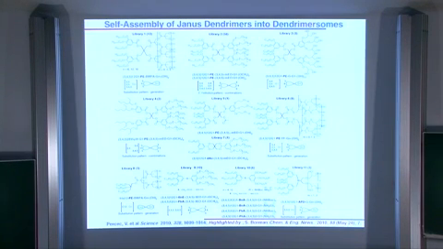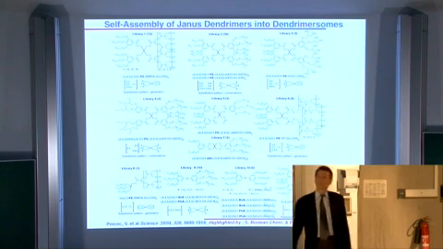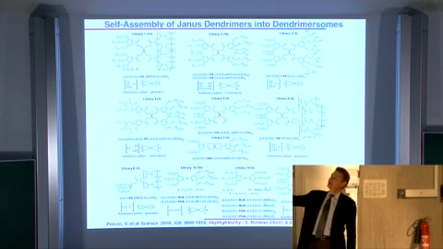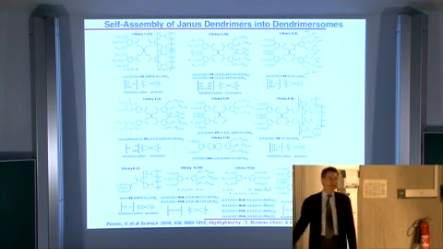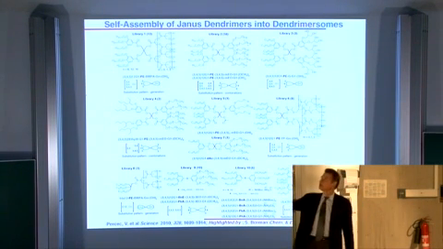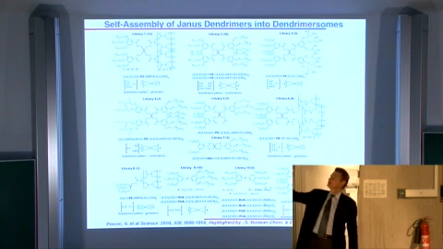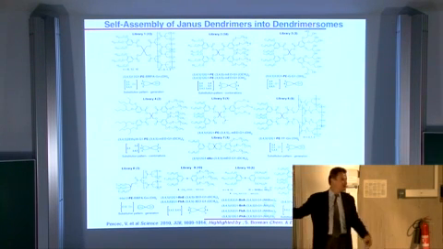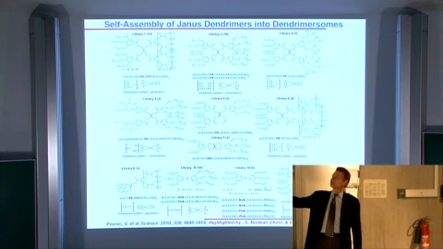We made 11 libraries of what we call Janus dendrimers. That is, dendritic molecules where half of them is hydrophilic, that can have alcohol on the periphery, or phospholipids, or whatever we want, or oligoxyethylene with alcohol, or with methyl ether, ethyl ether, and part of it is hydrophobic.